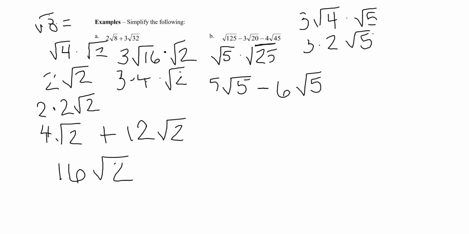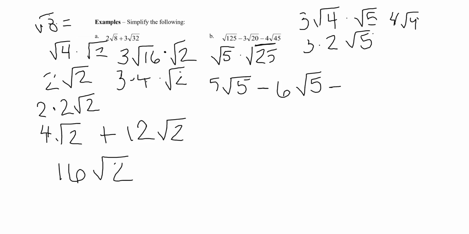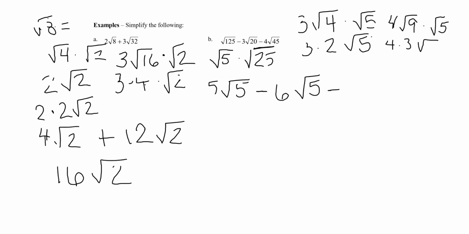And then our last one is going to be 4 times the square root of 9 times the square root of 5. Square root of 9 is 3. So we have 4 times 3 and then the square root of 5. Okay, we have our square root of 5 here.